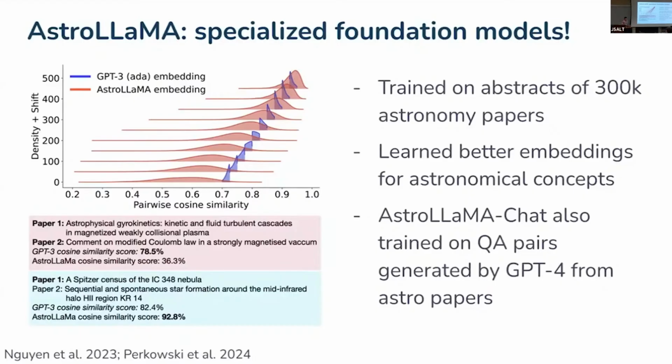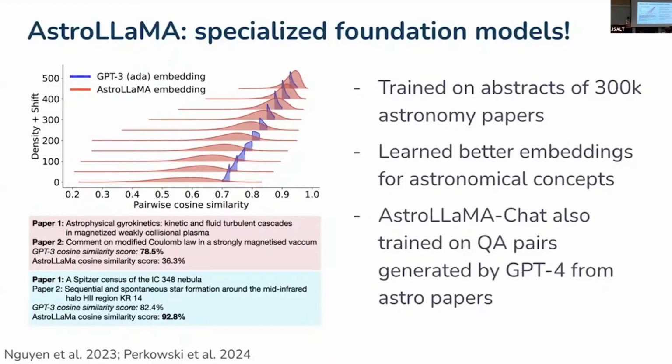But if you're an astronomer working in these fields, you'd recognize that these are pretty different topics, right? In fact, the second one is probably not even related to astronomy at all. That's more like a physics problem. I'm not actually sure that's in astronomy whatsoever. So GPT-3 gives that similarity score of close to 80%, whereas AstroLlama gives it something like 36%.